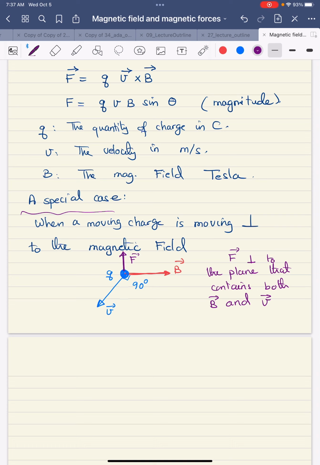But the force, in all the cases, regardless of what the angle is going to be, is perpendicular to the plane that contains both B and V. Here, this is the special case that I was talking to you about. The magnitude is going to be Q V B sine 90, and that is going to be QVB.